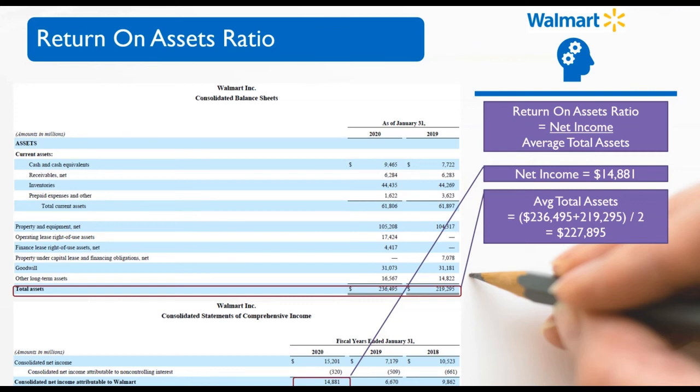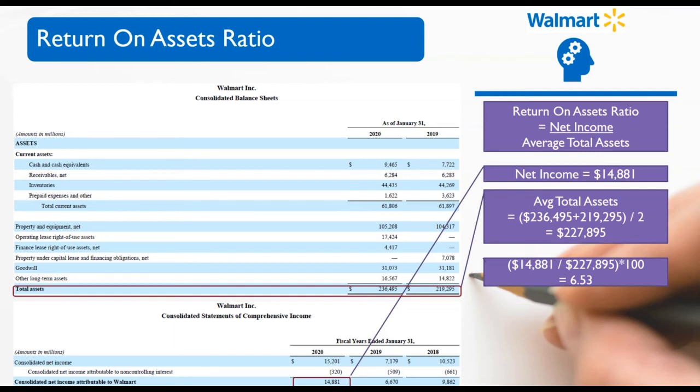Now, when you take the net income of Walmart over its average total assets, we come up with a return on assets ratio of 6.53. So what does this mean and how does it compare to Amazon? Well, here we can see that Walmart is able to generate a profit of around 6.5% from its assets.